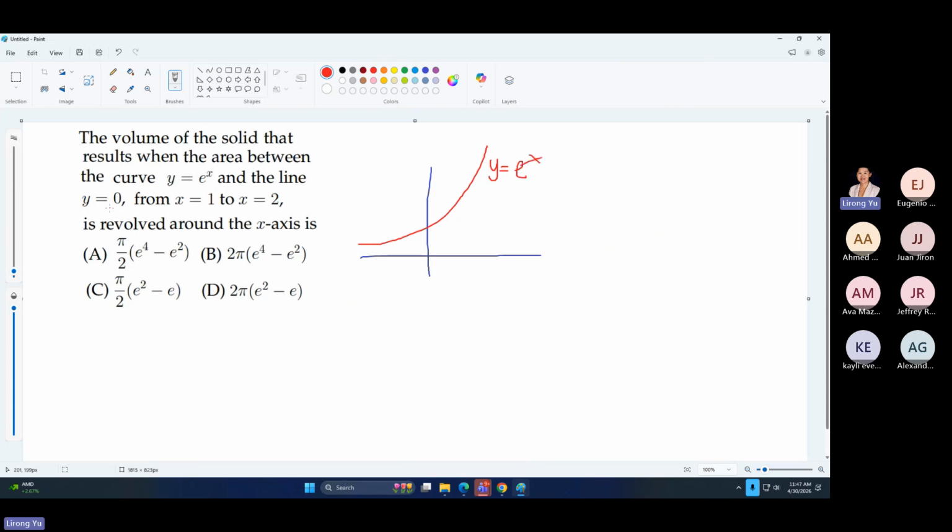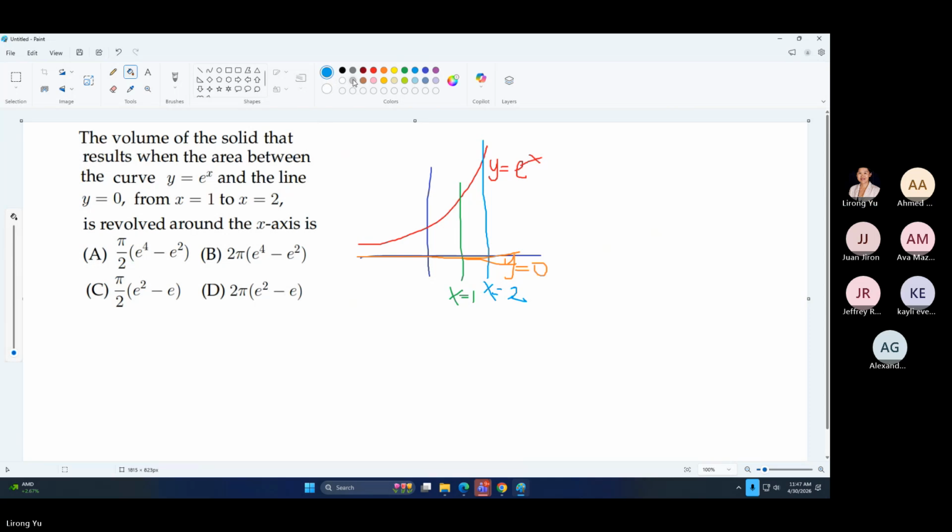Then we have y equal to 0, which is really the x-axis. And then x equal to 1, and then x equal to 2. So the region is bounded by these 4 curves. Okay, so that's the shaded region.